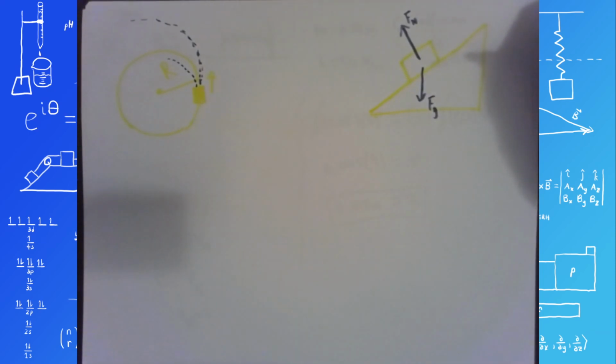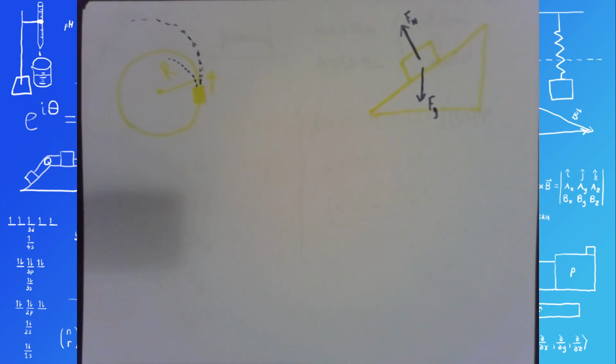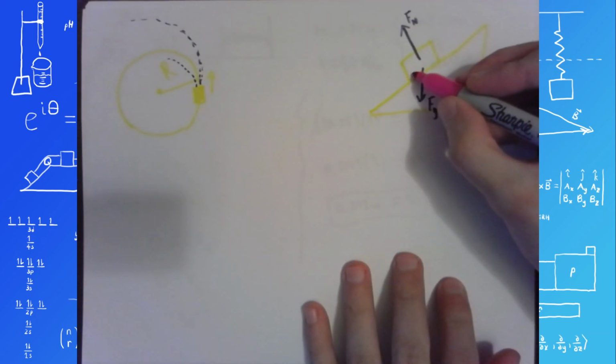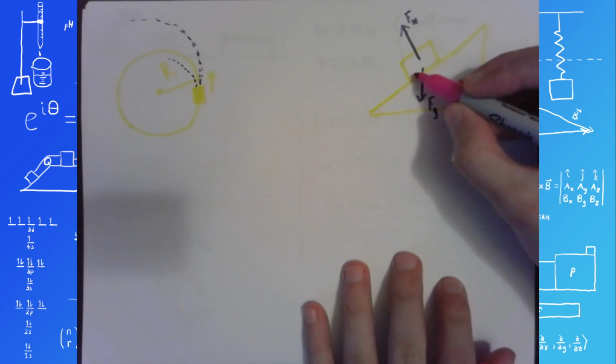Let's go with down for now. Let me do this in a different color so that I remember to remove it and replace it later. Actually, you know what I'll do? I'll draw two diagrams.